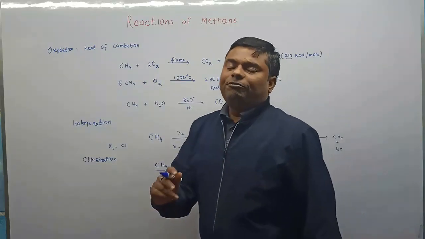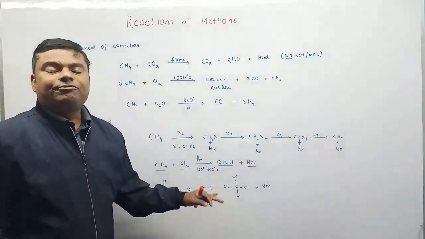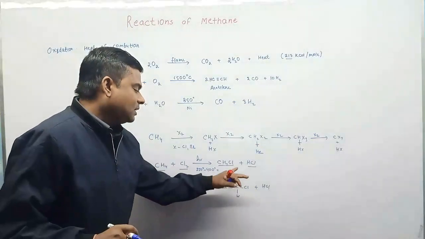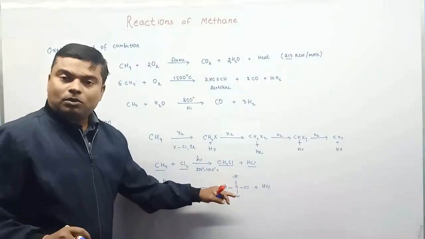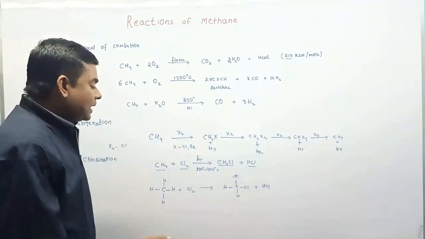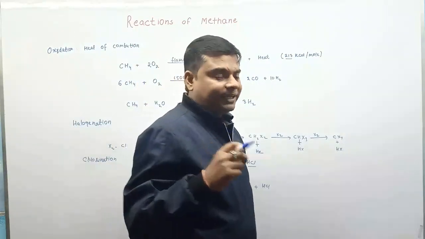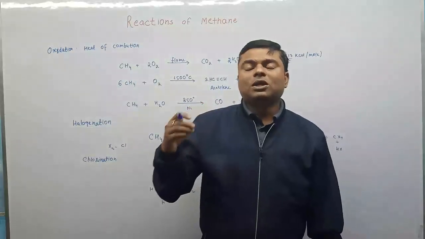If we control the reaction, we get the desired product. Otherwise, if the reaction is not controlled, another hydrogen is replaced by chlorine, and further ones are also replaced. That is, all 4 hydrogens will be replaced by chlorine, and we get a series of reactions.